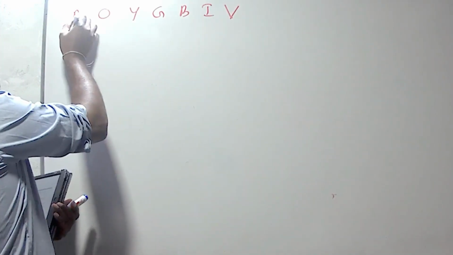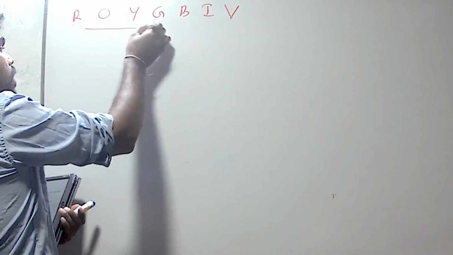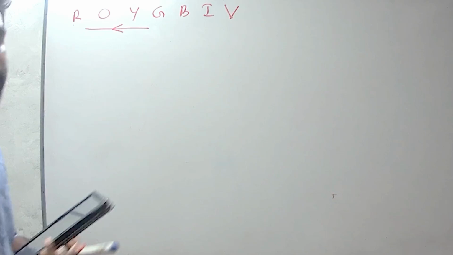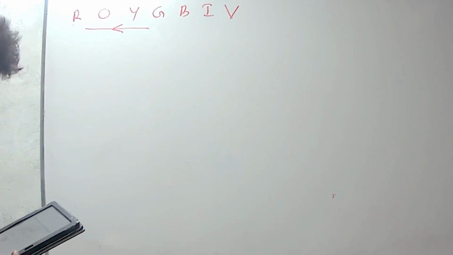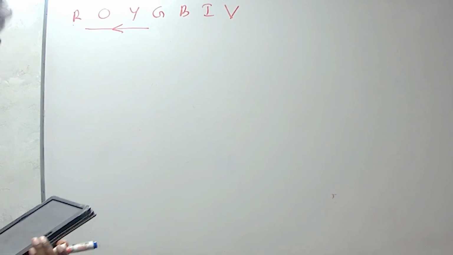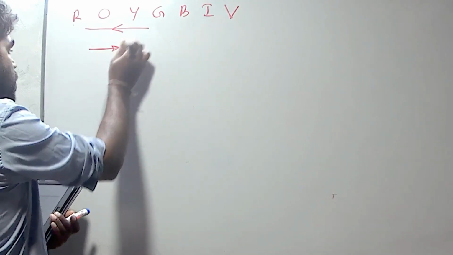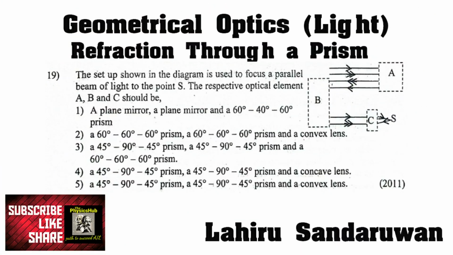We can observe minimum deviation for this side. Red color has a minimum deviation, but they have not given red. Therefore, we have to consider orange has a minimum deviation. Then answer is 2.